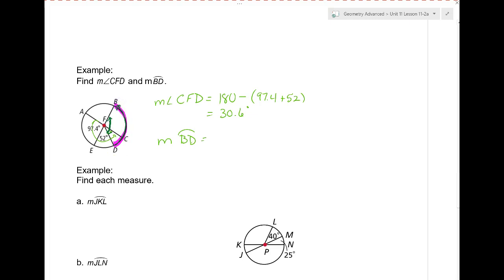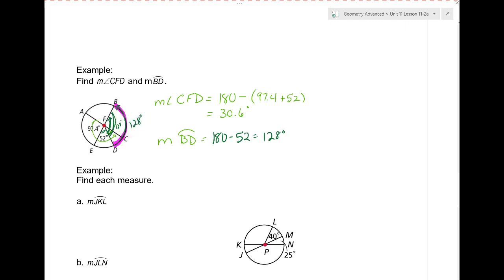If this is 52, what's left for this angle? So could I go 180 minus 52 and get 128 degrees? That means this whole angle is 128.